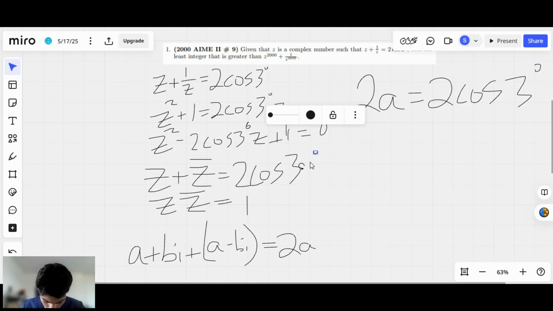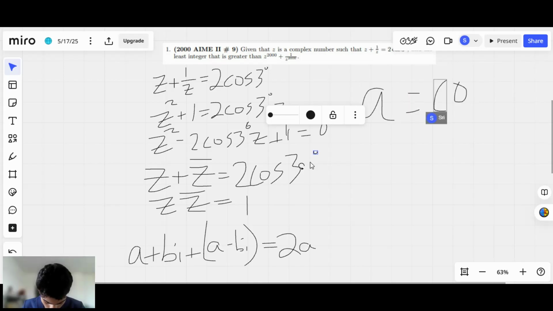Obviously, it follows that a equals cosine of 3 degrees. So we can write that in for the value of z. So z must then equal cosine of 3 plus bi.